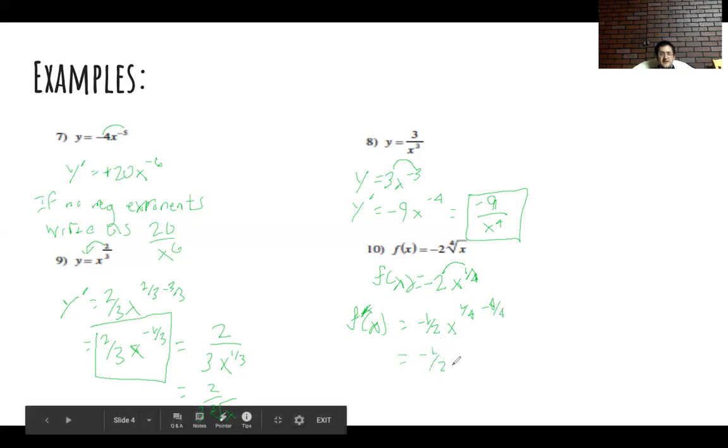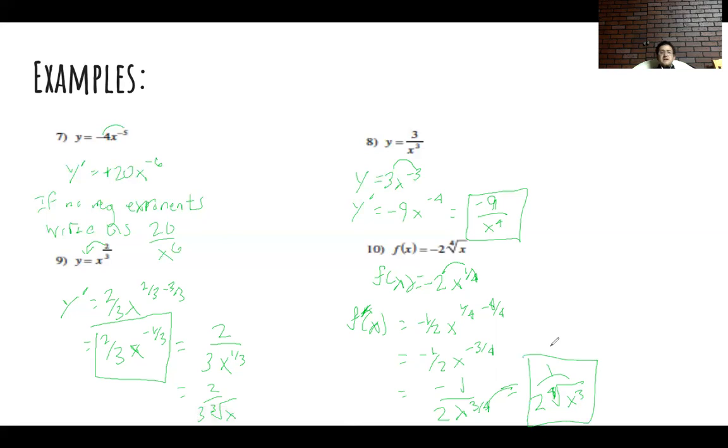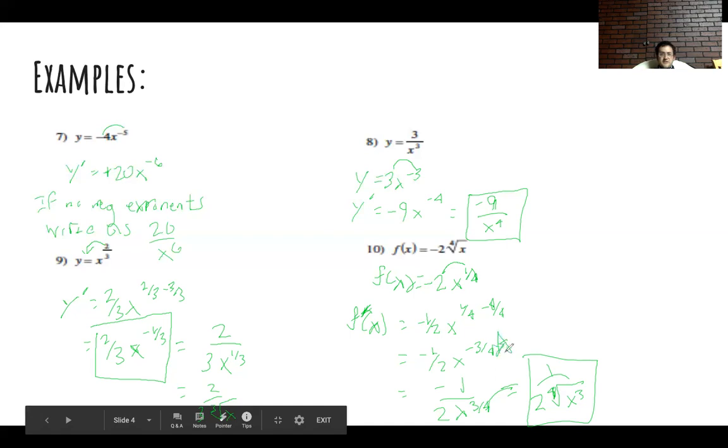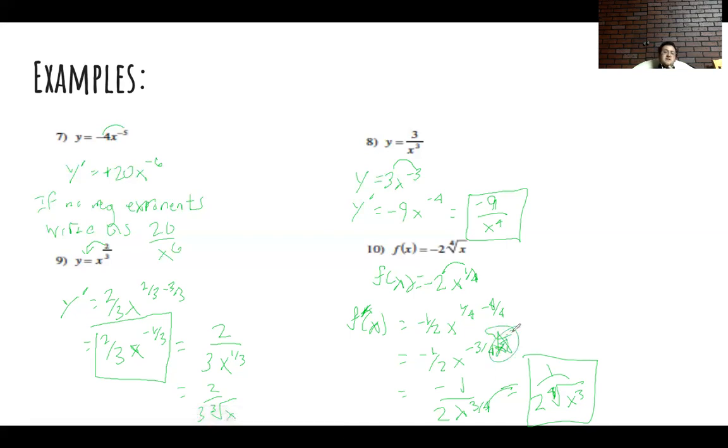So I would have negative 1/2 x to the negative 3/4. You could write this as negative 1 over 2x to the 3/4. If you wanted to rid yourself of those fractional exponents altogether, remember the denominator of a fraction goes outside of a radical, x cubed goes inside, and there you would go. But if you got to this step over here, and I'm going to put a star, that tells me that you got the power rule on there.